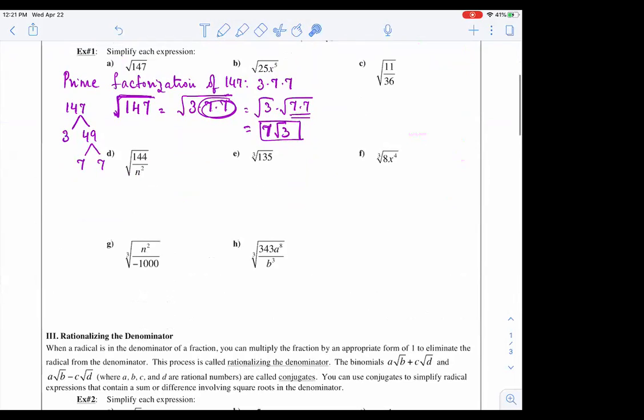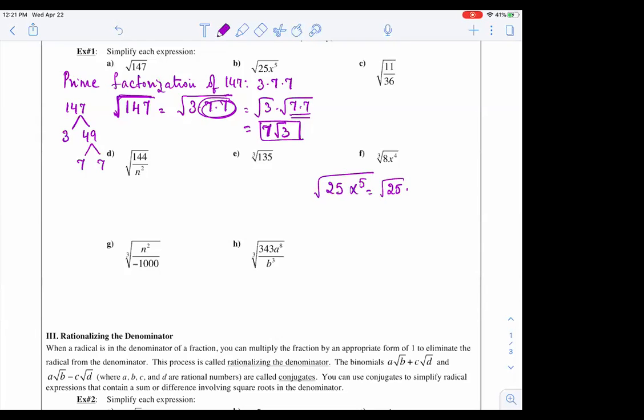Okay, so 25x to the 5th power, everything under the square root. So you're going to split that 25. The reason I'm not going to do the prime factorization for 25 is that you know the square root of 25 is 5, right?